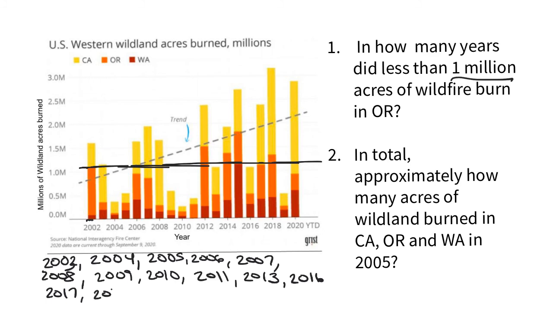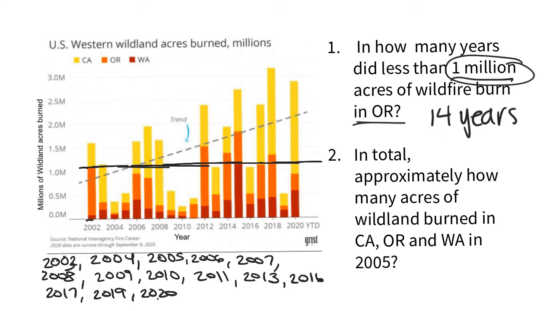And then 2019 and 2020. So those are all the years where there was less than 1 million acres burnt in Oregon. So I'm going to count how many years that is. 1, 2, 3, 4, 5, 6, 7, 8, 9, 10, 11, 12, 13, 14. So in 14 years. Great.